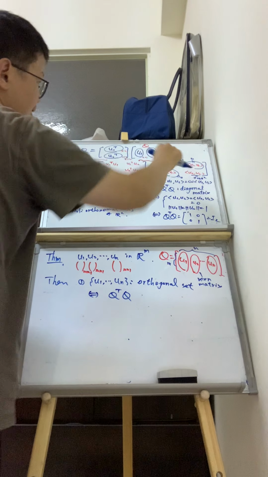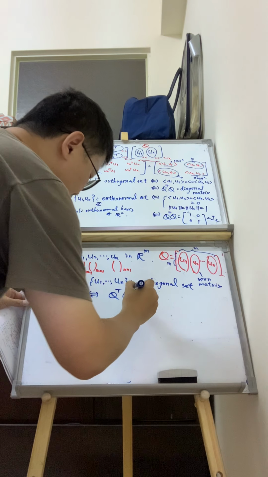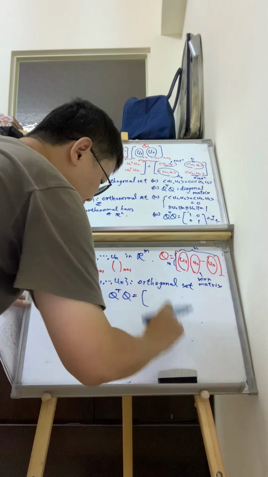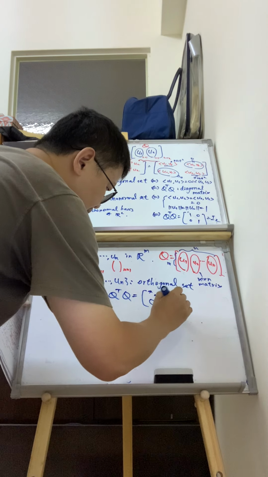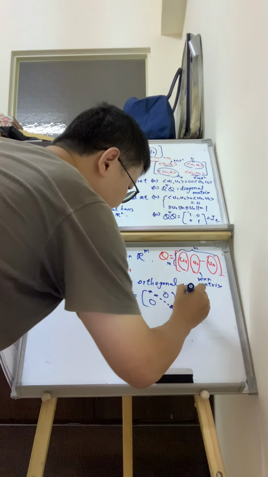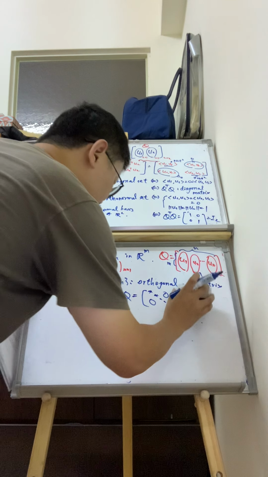The off-diagonal entries are zeros, so it must be a diagonal matrix.